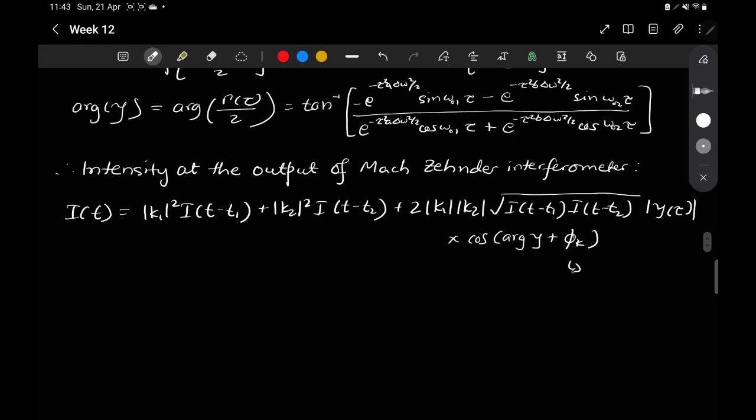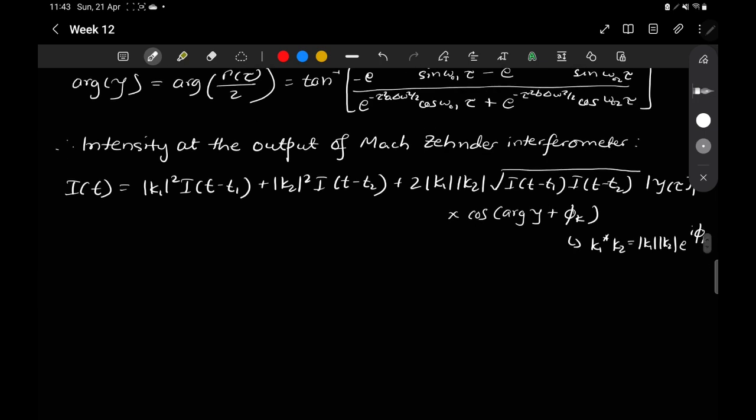Now this phi k is the argument of k1 star k2. That's phi k. Now this, because of stationarity, reduces to the following.